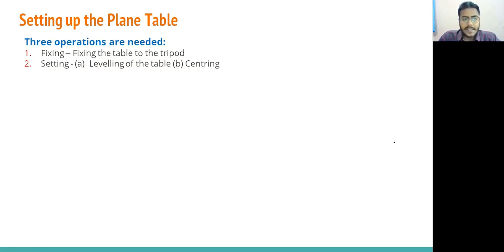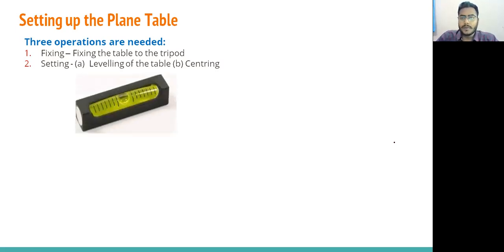Next is setting. The first part is leveling of the table. How do we do the leveling? We do it by using the spirit level. We keep two spirit levels on the plane table in a perpendicular direction, and by using the tripod we can change its position to do the leveling, or we can rotate the screw.